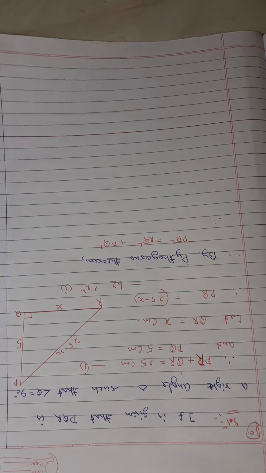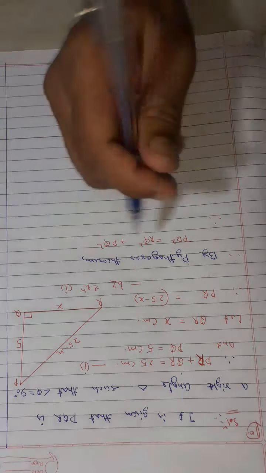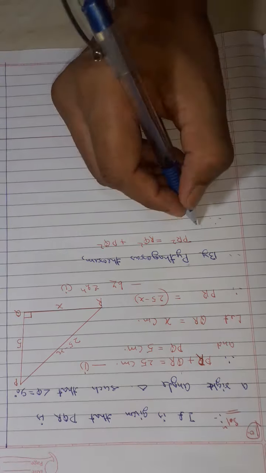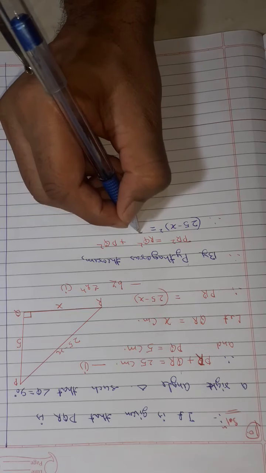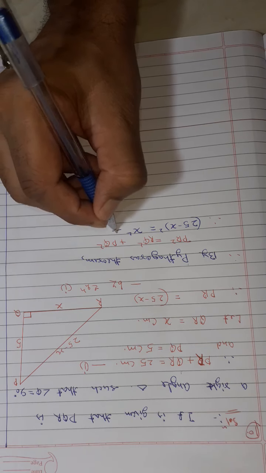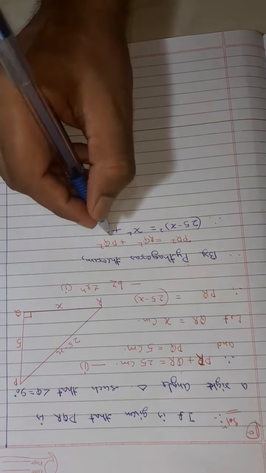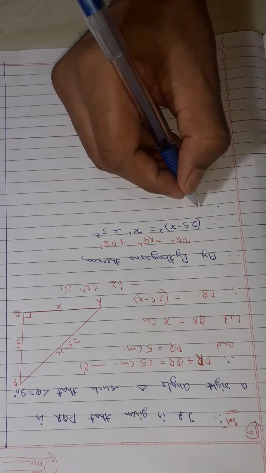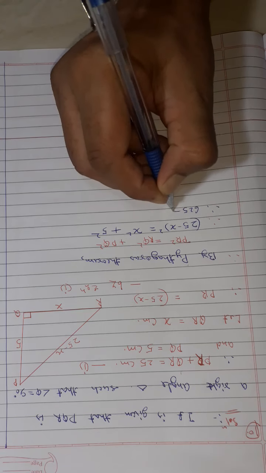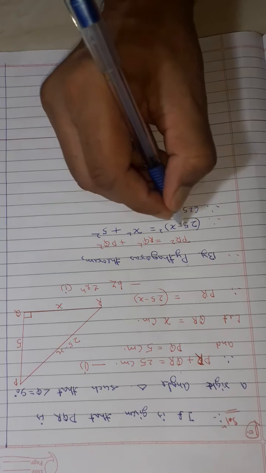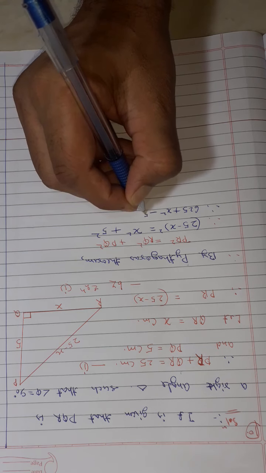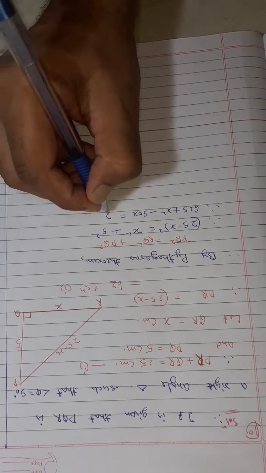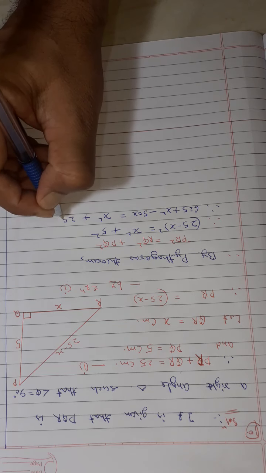So (25 minus x) whole square is equal to x square plus PQ square, which is x square plus 5 square. Clear? So 25 minus x whole square is 625 plus x square minus 50x, equal to x square plus 25.